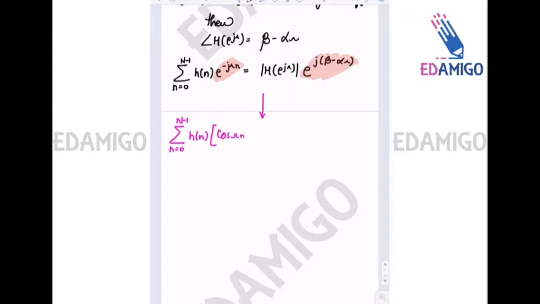Mod of, so I have to shift this, otherwise there will be a space constraint.